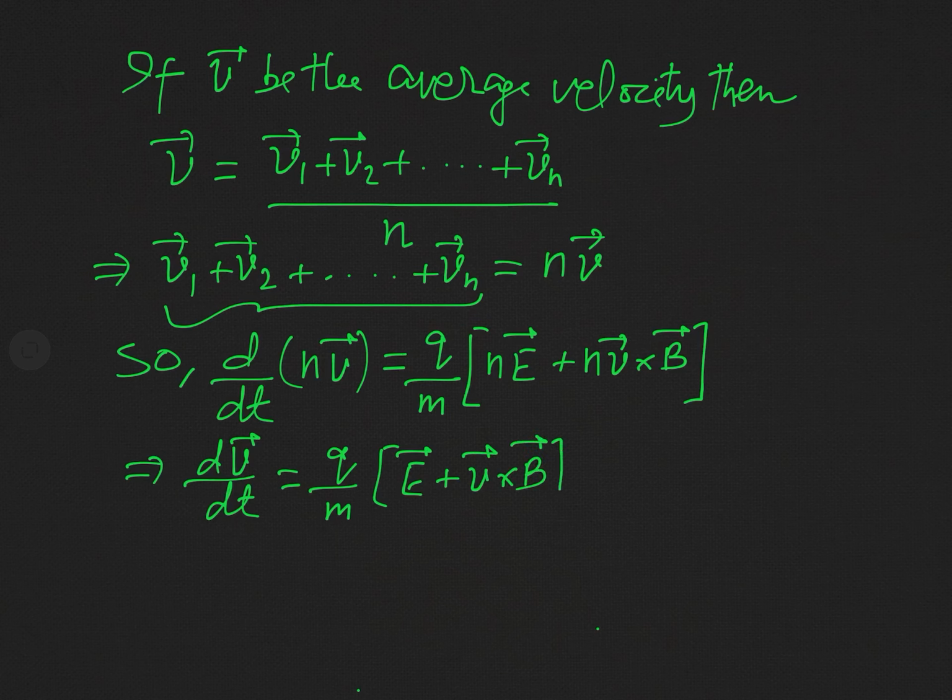Remember, this was equation number 1, but this is different. Here V represents the average velocity of the particles. So I have found the equation of motion in terms of the electric field vector and the magnetic field vector of the motion of plasma fluid moving in an electromagnetic field.